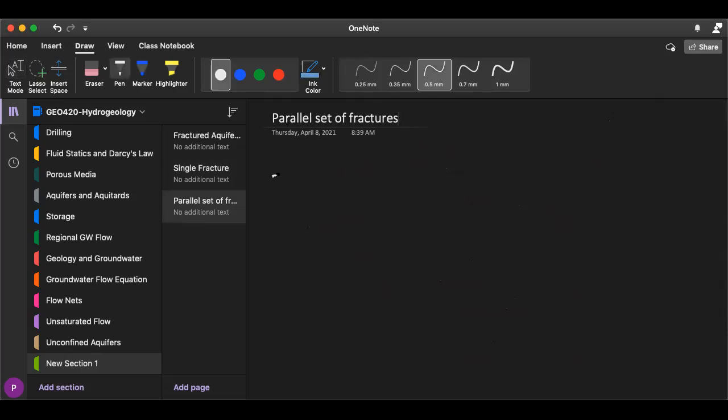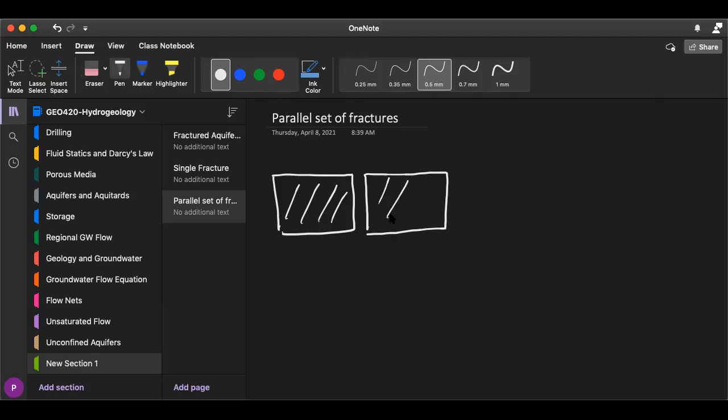And here I'll draw it out again. I've got these matrix blocks of sort of uniform size, separated by fractures of the same size.